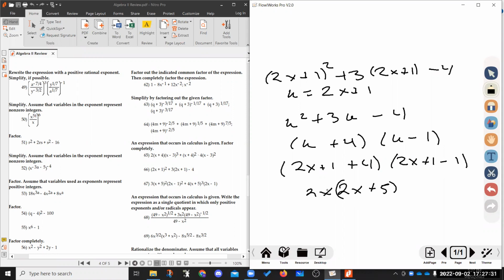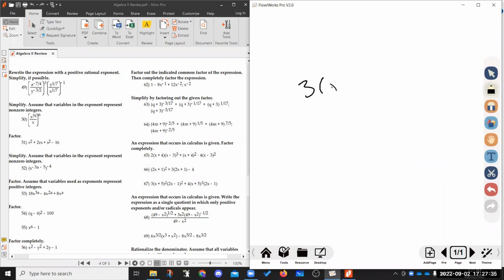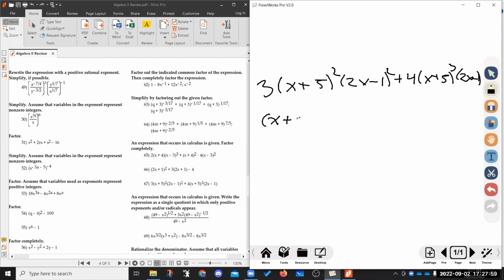Let's look at this one. 3 times (x+5) squared (2x-1) squared plus 4 times (x+5) cubed (2x-1). Don't have any numerical coefficients in common, but we have (x+5)s that can come out, and we have a (2x-1) that can come out.